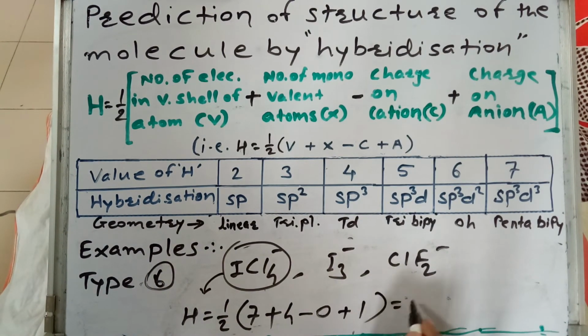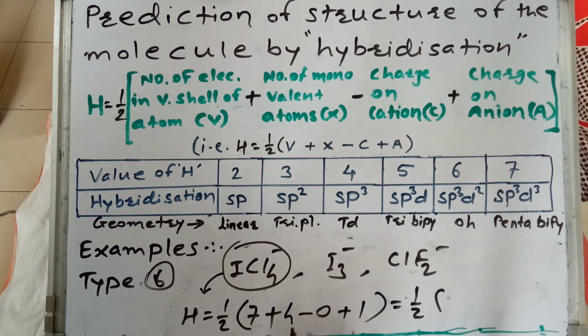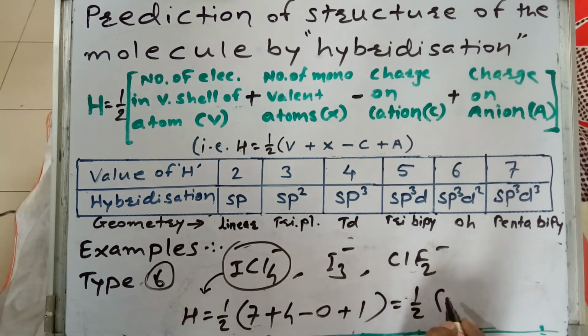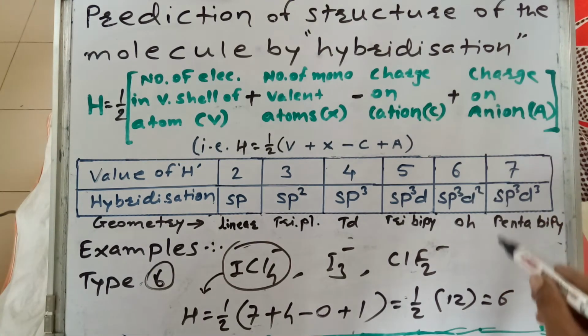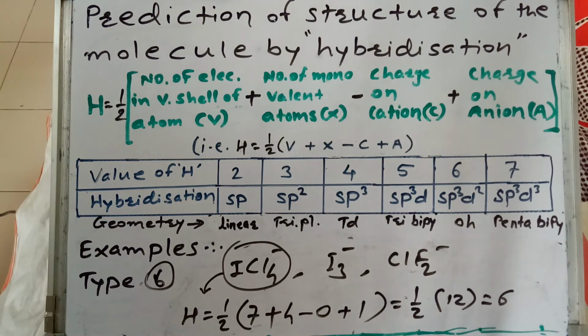So half of 7 plus 4, that is 11, plus 1, that is 12. This number comes 6. So the hybridization is sp3d2, that is octahedral geometry.